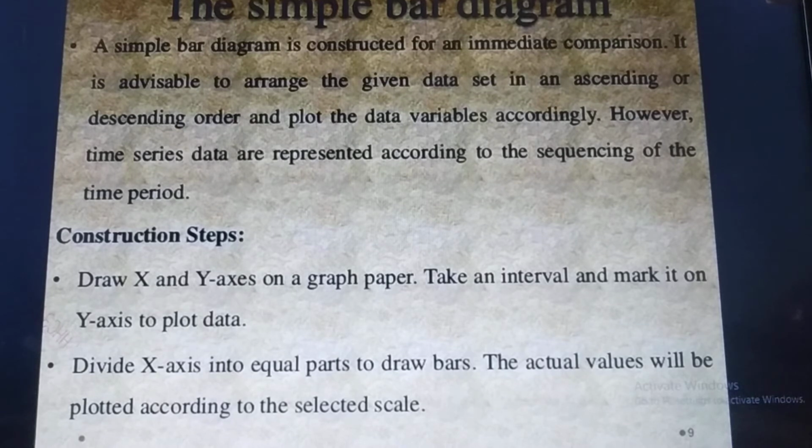Construction steps. Draw X and Y axis on a graph paper. Take an interval and mark it on Y axis to plot data. Divide X axis into equal parts to draw bars. The actual values will be plotted according to the selected scales.